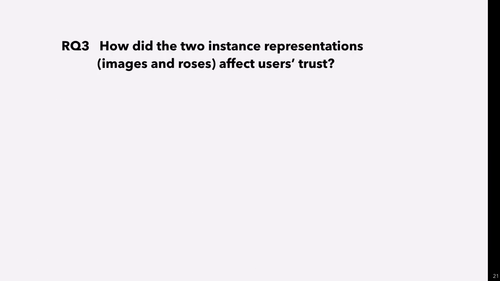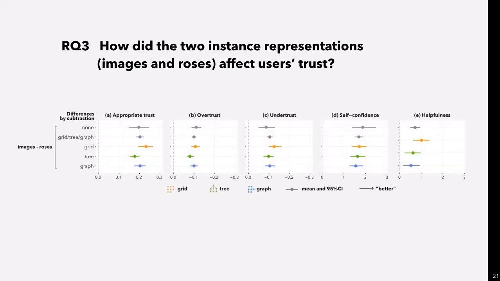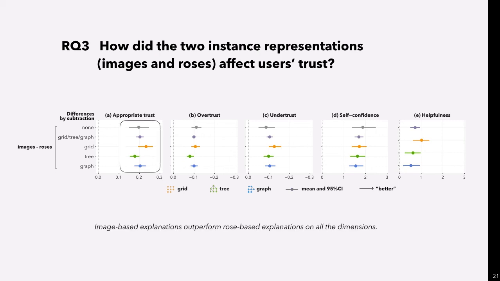And the third research question is, how did the two instance representations affect users' trust differently? This time we did the subtraction by subtracting rows-based explanations from the image-based explanations. And we found out that image-based explanations outperform rows-based explanations on all the dimensions.